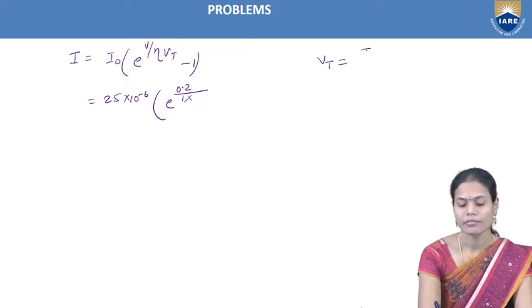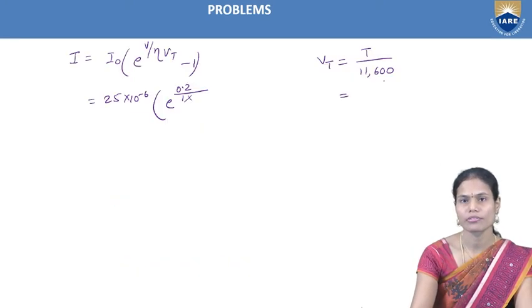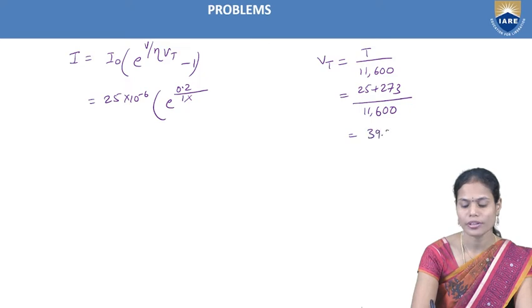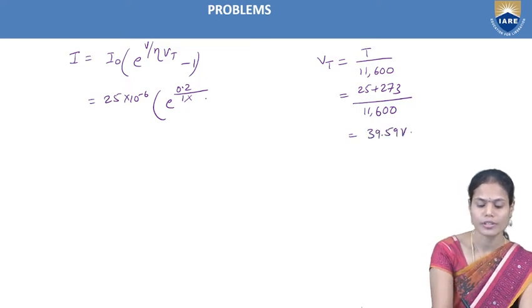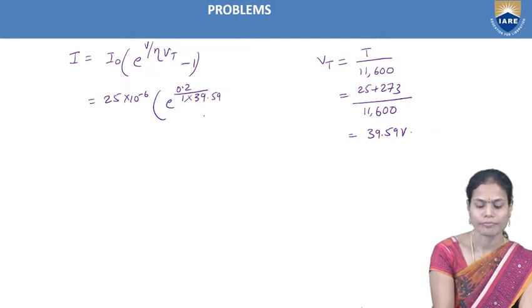The Vt formula is T by 11,600. The given temperature here is 25 degrees Celsius, so 25 plus 273 divided by 11,600. This we will get as 39.59 volts. That Vt value we have to substitute here, minus 1.